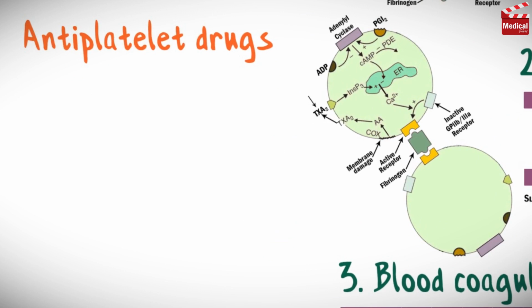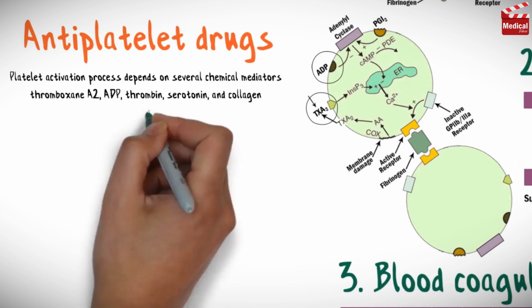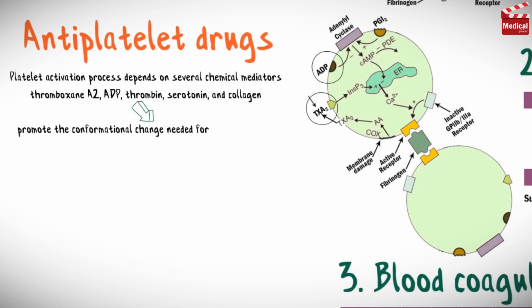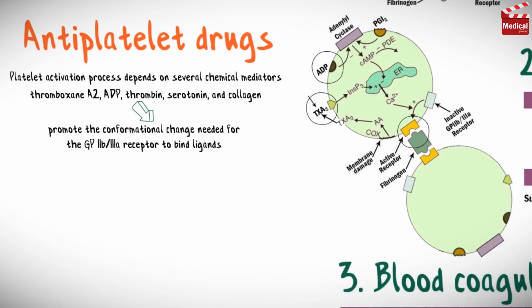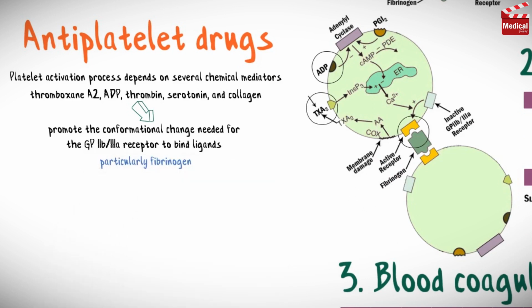We already know from the previous lecture that platelet activation process depends on several chemical mediators such as thromboxane A2, adenosine diphosphate, thrombin, serotonin, and collagen. These platelet activators promote the conformational change needed for the glycoprotein 2B3A receptor to bind ligands, particularly fibrinogen.